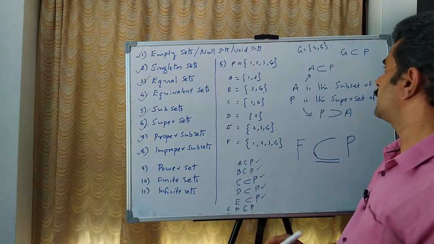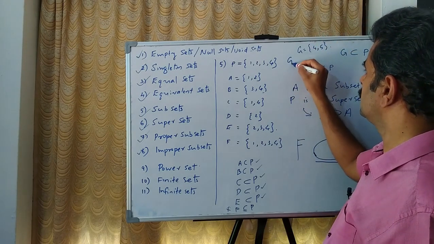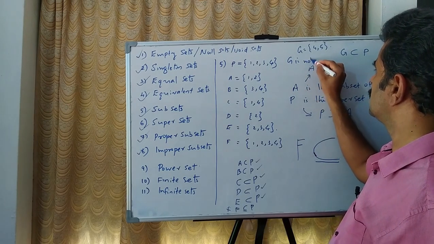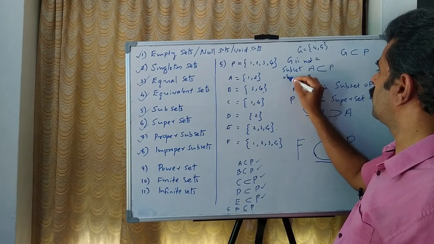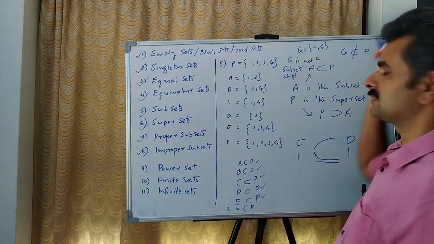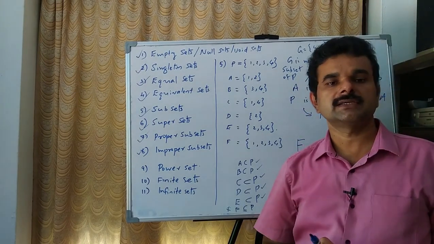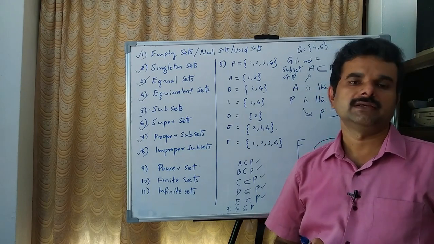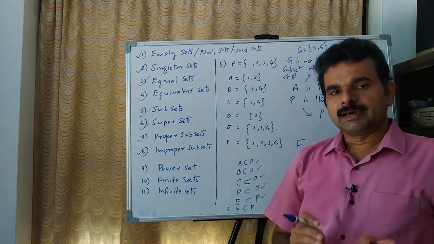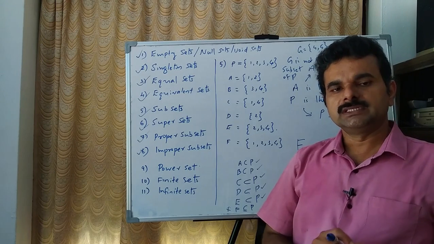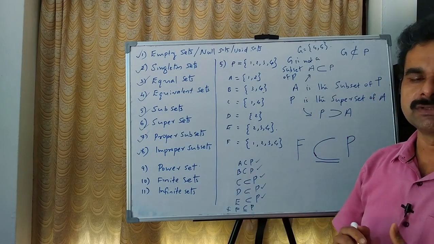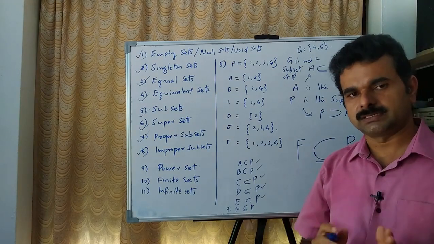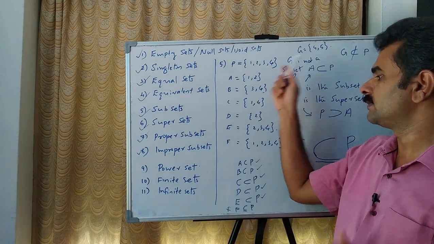G is not a subset of P. Why? All the elements of G cannot be seen in the set P. Therefore, G is not a subset of the set P.